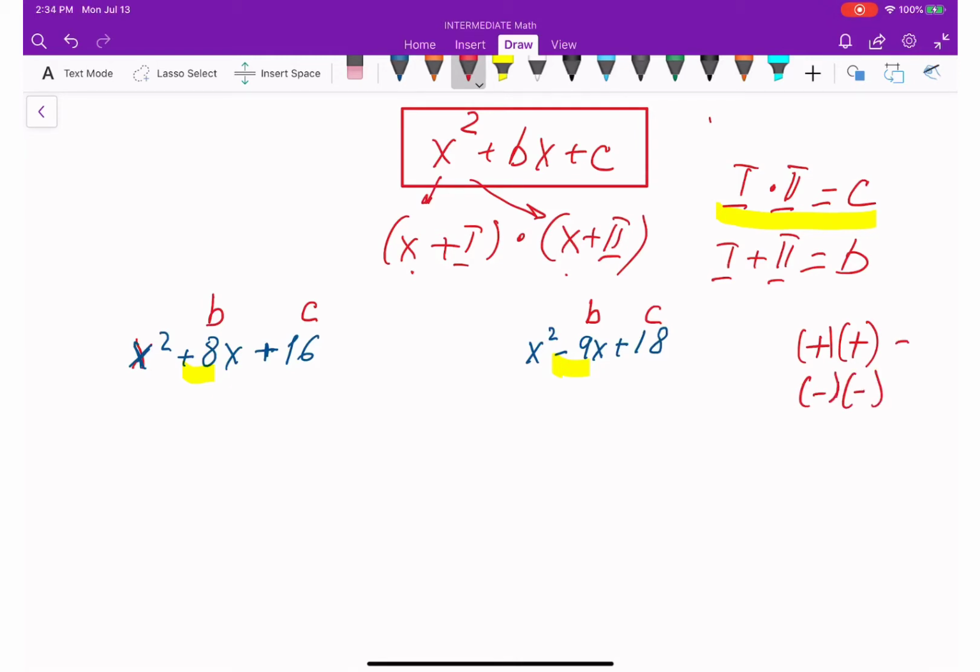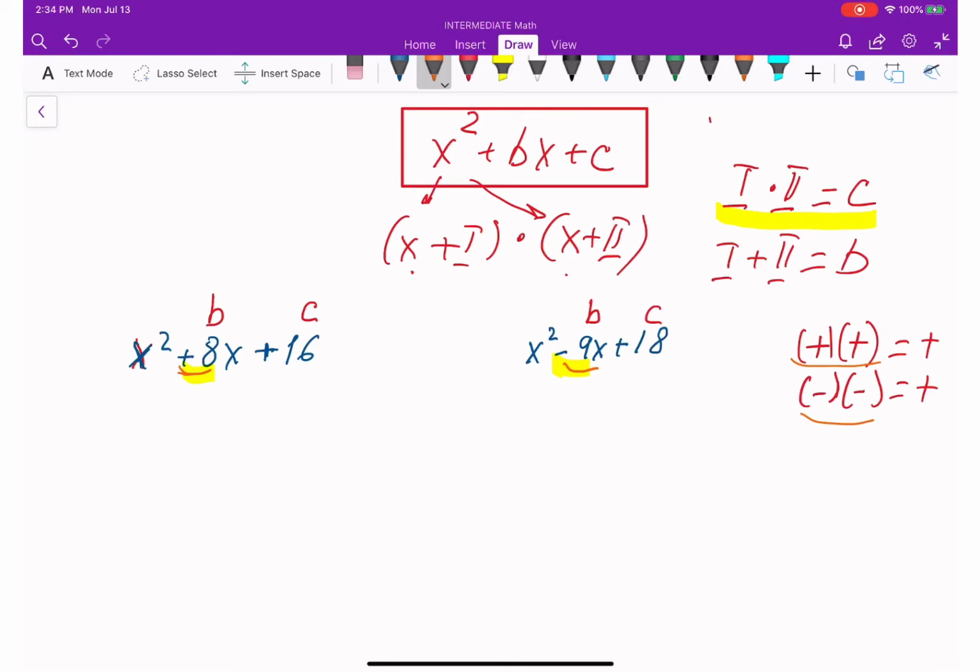The product is going to be plus in both cases, so the same sign for both terms. Either both positive or both negative. So how do we figure out which case is ours? I look at the value of b. If b is positive, I take both positive.